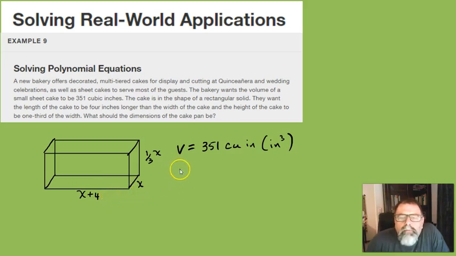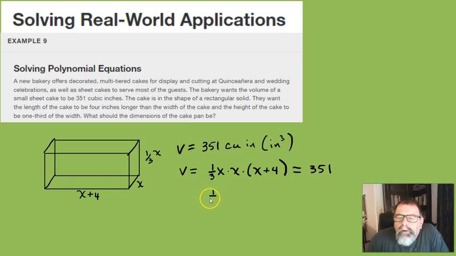Now our volume is going to be length times width times height. So it'll be 1/3 x times x times x plus 4, and that's going to be equal to 351. So we're going to multiply this out. So 1/3 x cubed plus 4/3 x squared equals 351.